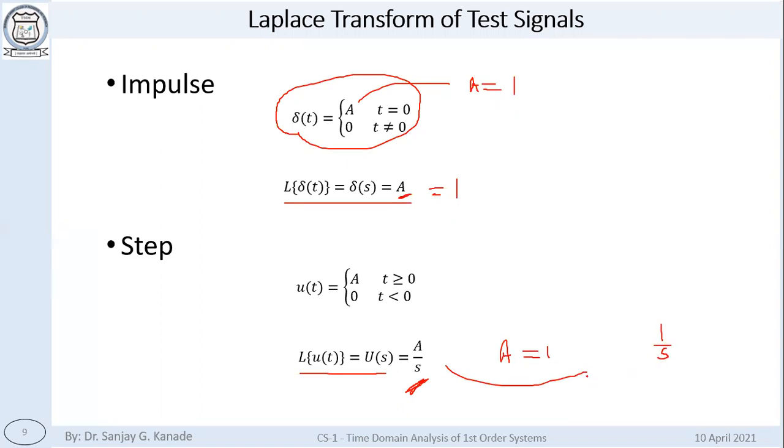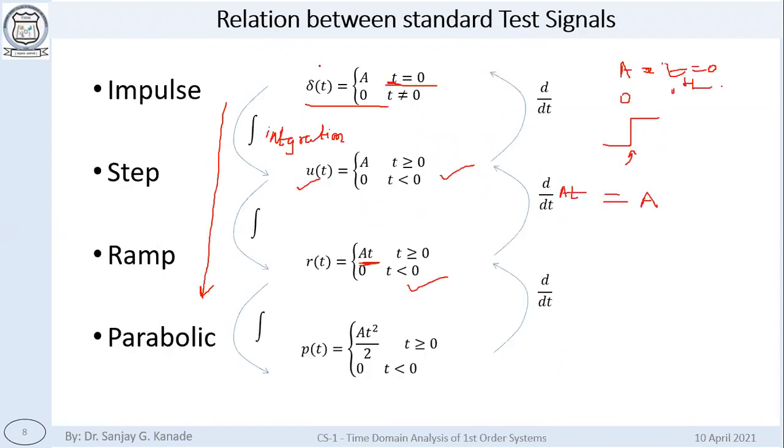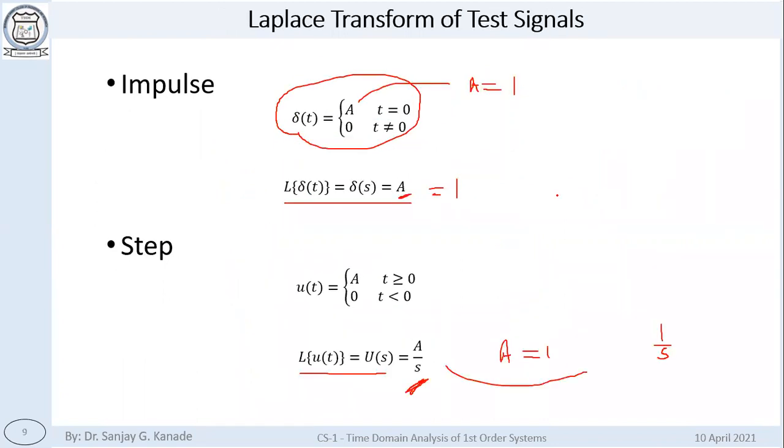Now you can also verify this in the case of integration. In this case, the Laplace transform is 1. So what would be the Laplace transform after integration? Since there is an integration, it is going to be 1 by S. Everything will hold. All these things are mathematically sound.